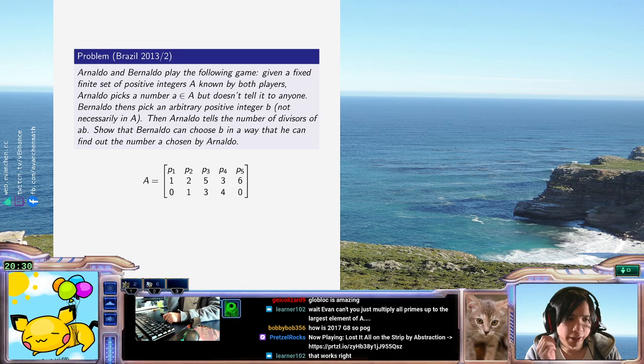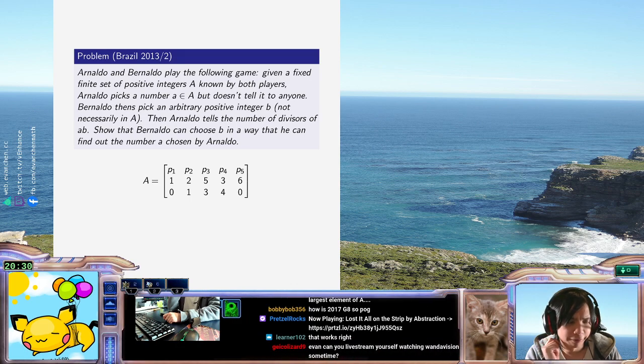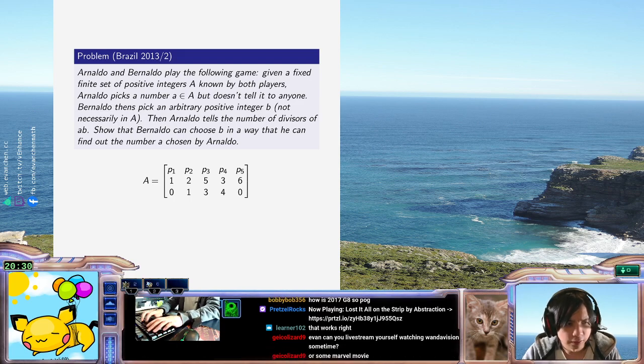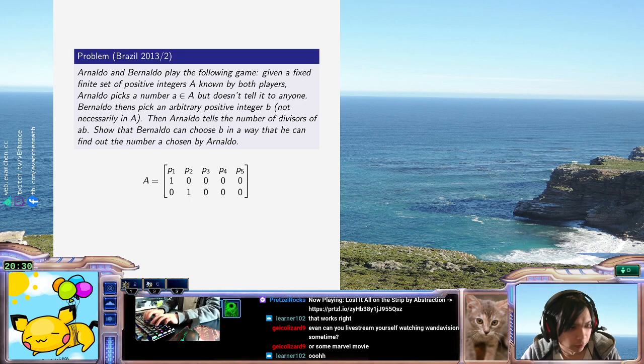No, you don't get ab, you get the number of factors, right? So if the thing was 1 0 0 0 0 and then 0 0, and you try to take b equals p1 p2 p3 p4 p5, it does not work. So I don't think that's what you want.